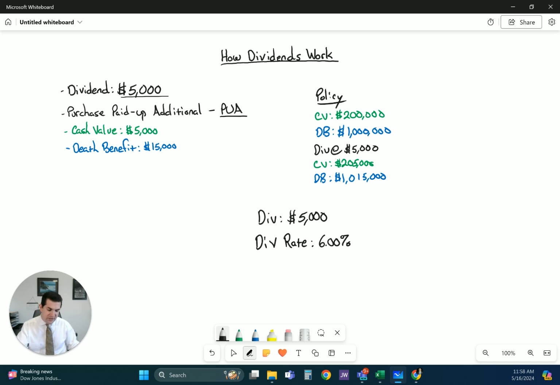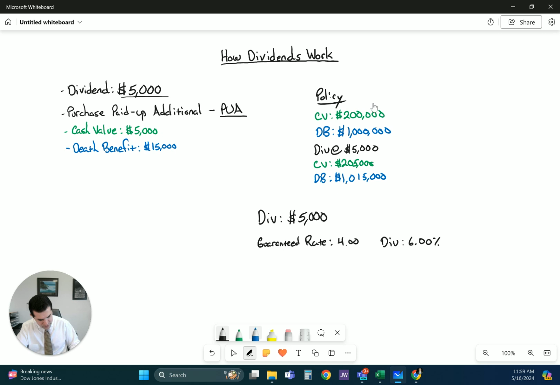Does that mean that that 5% represents the company's dividend rate? No, it does not. So her guaranteed interest rate with her product is 4%. It's an older whole life insurance product. Guaranteed rate of 4%. The total dividend rate with that company is just under 6%. Let's make it simple and say it's 6%.